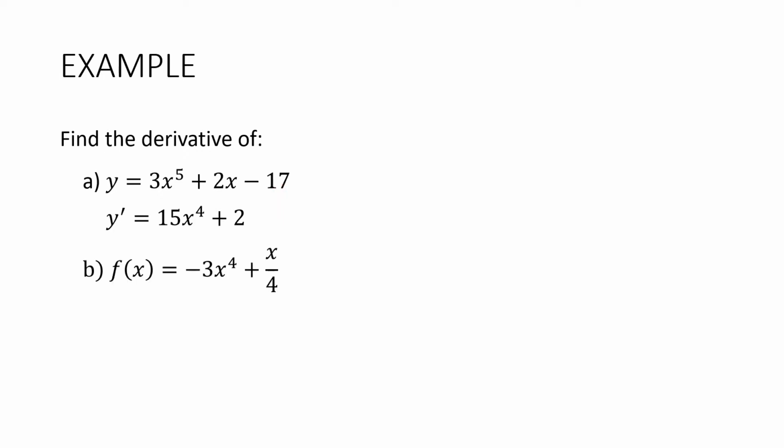Let's try another one. I've got minus 3x to the 4th plus a quarter x. All right, so the 4 comes down, gives me minus 12x cubed plus a quarter. You can see how this is the x to the power of 1 term, like this one. So we're just left with the coefficient.